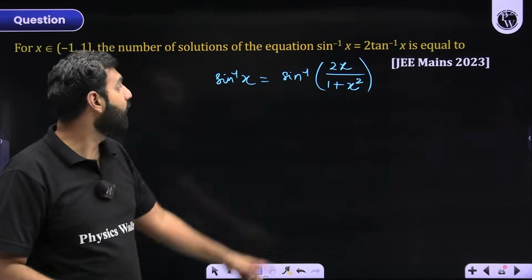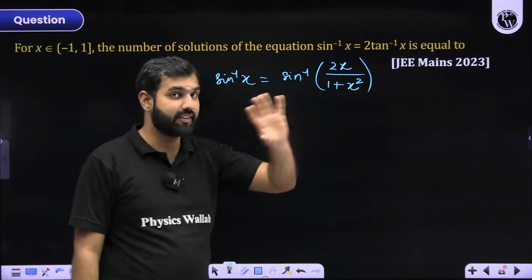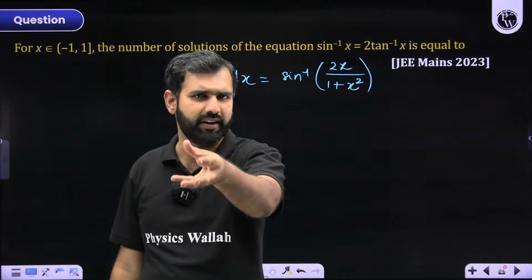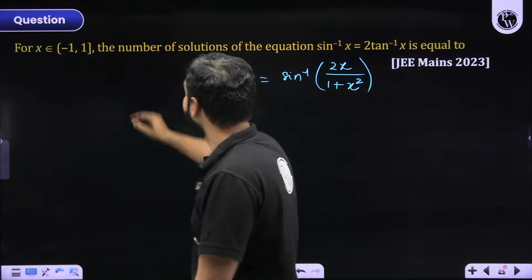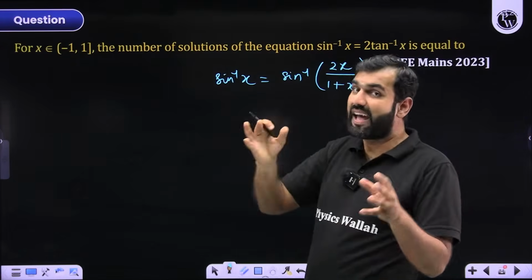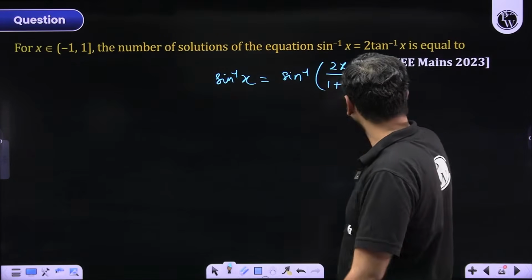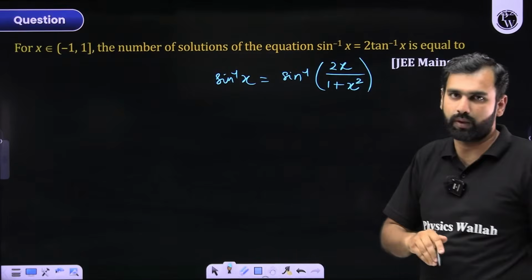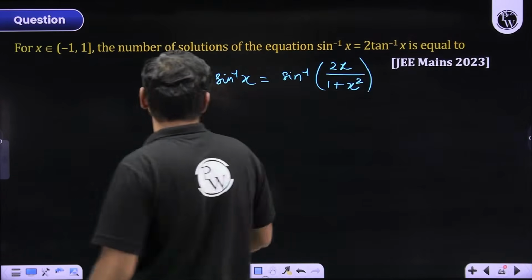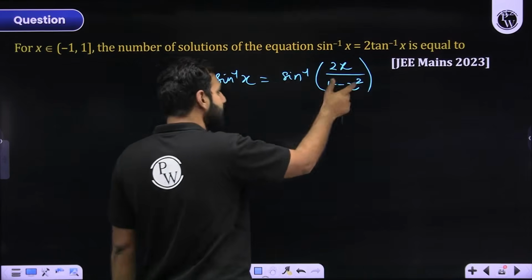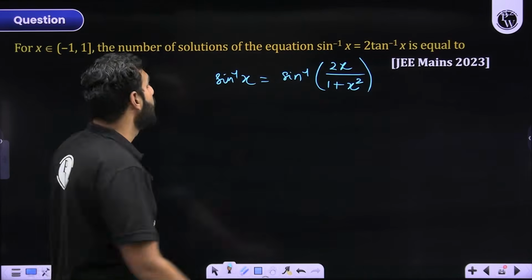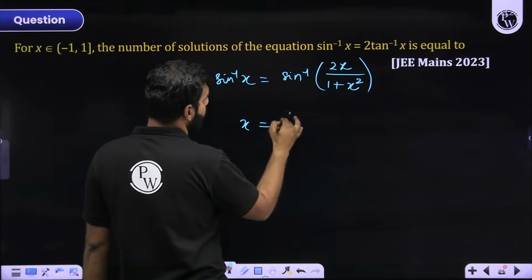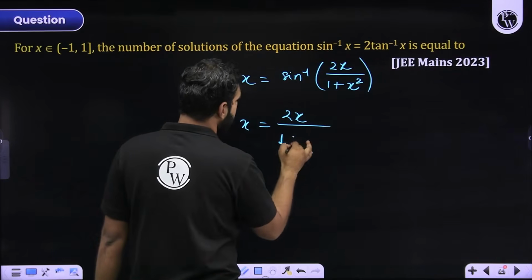Along with this, I won't hesitate in writing this directly without any addition or subtraction of pi or minus pi, because x is between minus 1 and 1. So as long as x is between minus 1 and 1, this is exactly what you do. Again, very basic funda: sine inverse of this is equal to sine inverse of that, which means these values are also equal, which means x should be equal to 2x upon 1 plus x square.